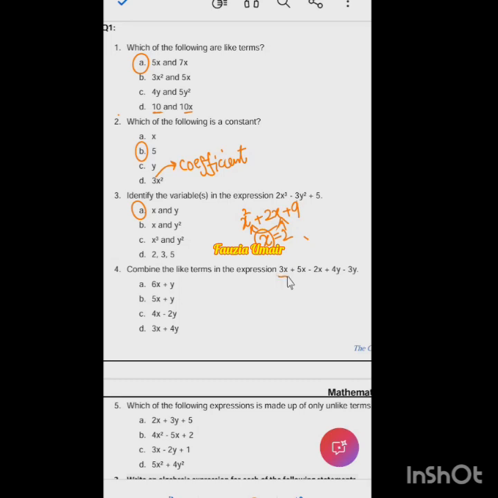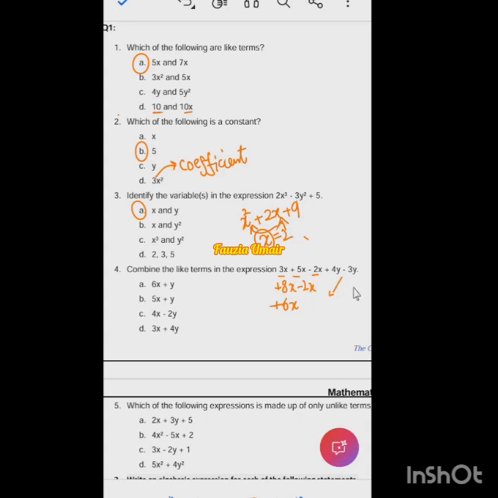So plus 3 plus 5 minus 2. So integers again. Plus 3, plus 5 would be 8, 8x minus 2x would be plus 6x. 6x. What about this y term? Plus 4 minus 3.